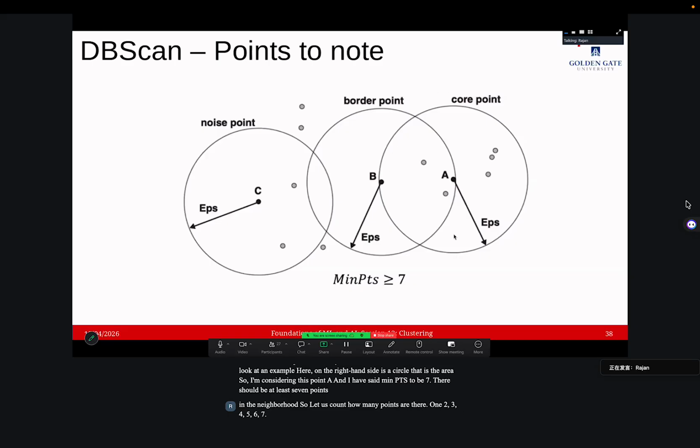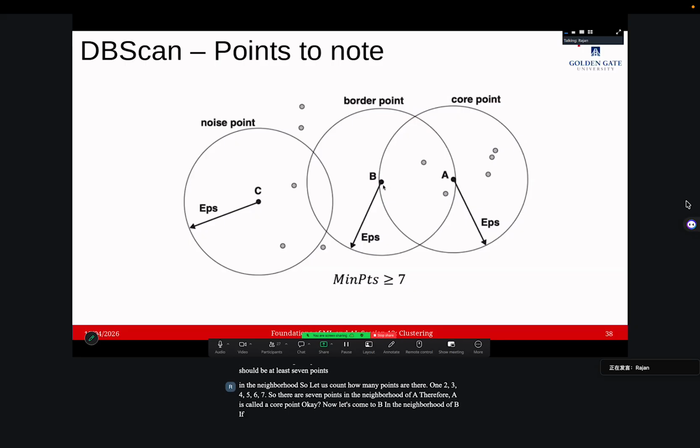So there are 7 points in the neighborhood of A. Therefore, A is called a core point. Now let's come to B. In the neighborhood of B, there are 1, 2, 3, 4. There are 4 points only. But one of those 4 points is a core point. Therefore, B is called a border point.